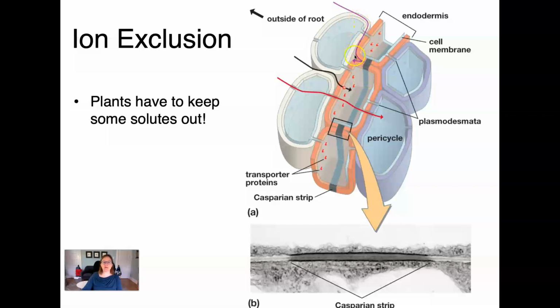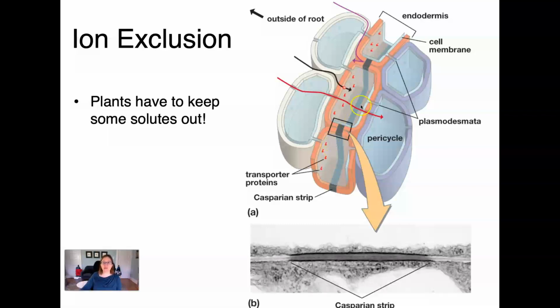So those ions are excluded. The only ions that are allowed through are those that pass through channel proteins in the membrane of the endodermis cell. So the endodermis in the root has a really important function of filtering the solutes and only allowing in the solutes that are actually required by the plant at that time.